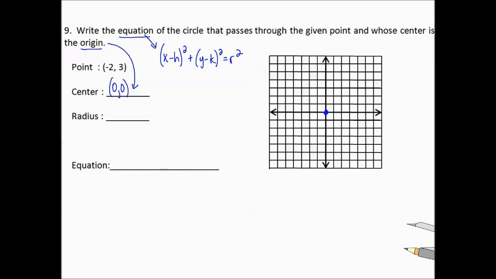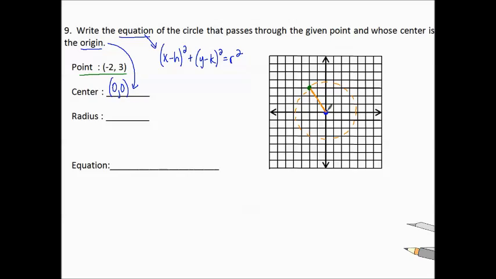We're going to do that by plotting the point on the circle that they gave us, (-2, 3), and then remembering that the circle is doing something like this, and the radius is this distance.